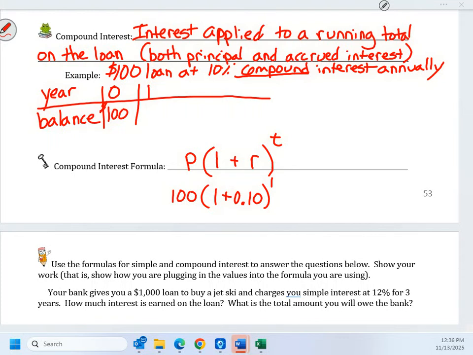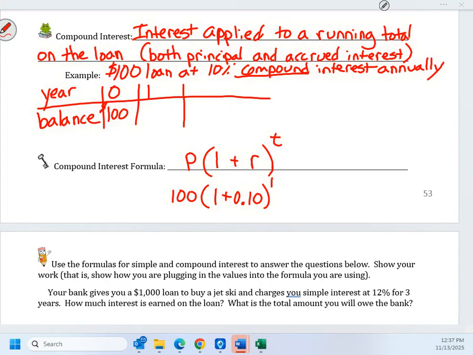What do you get as the amount that we owe for that one? Laura? For 1 year? Did you put this calculation in? So we're doing it for 1 year first. So inside the parentheses, 100 times, in parentheses, 1 plus 0.10, parentheses, exponent power of 1.